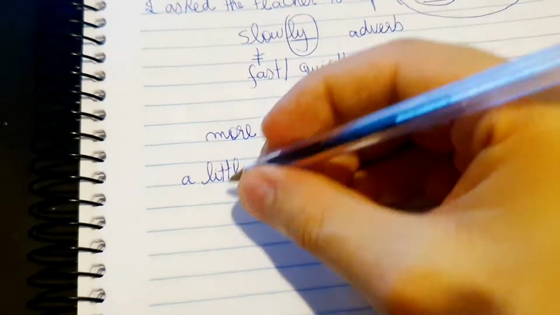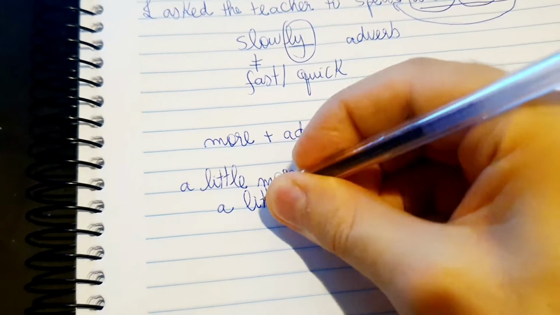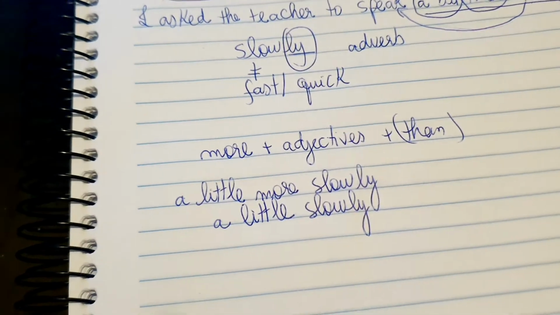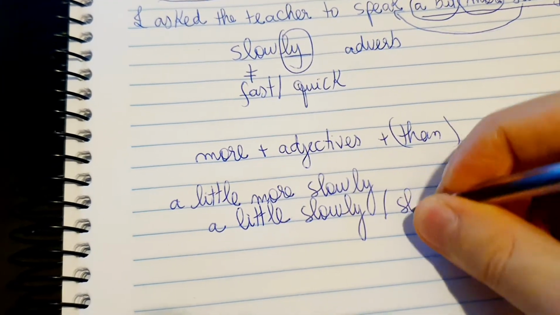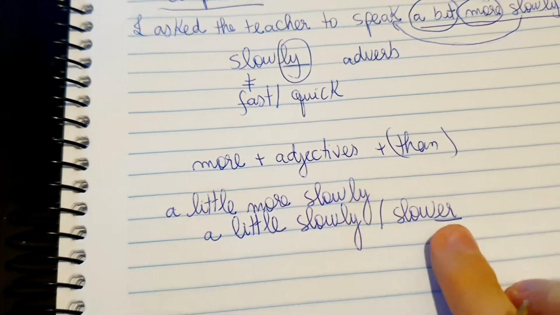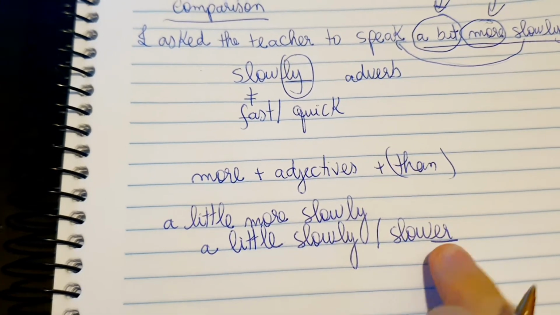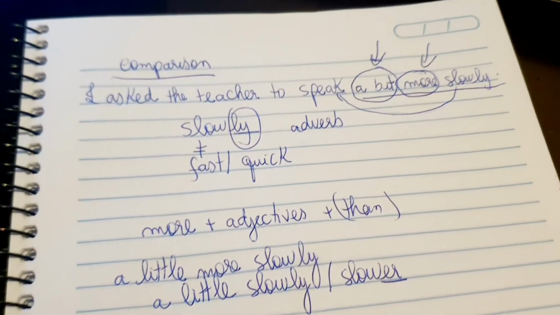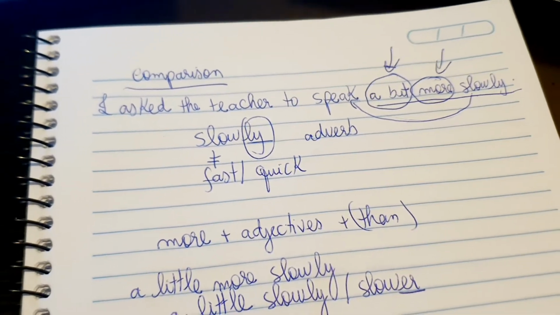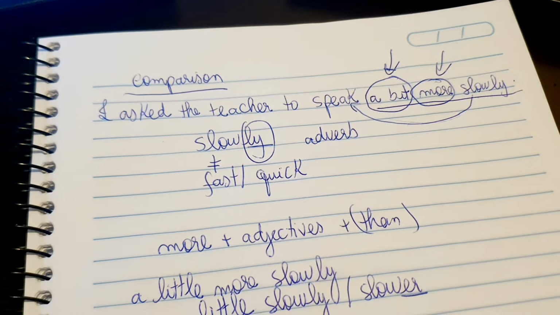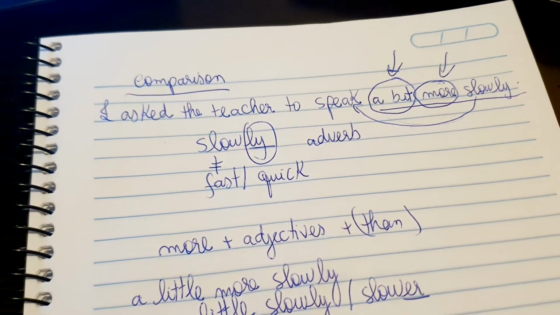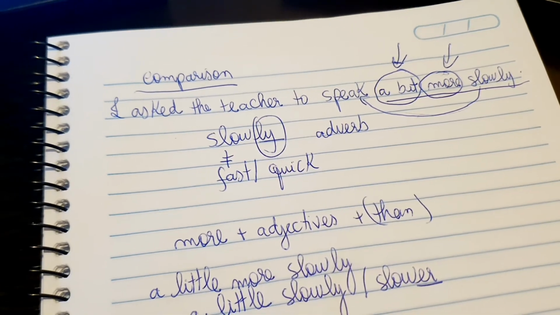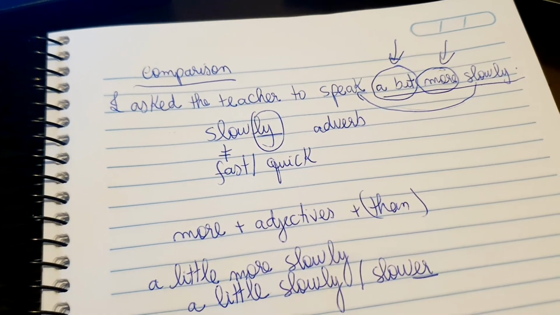Or you can say a little slower. Here we have an adjective, right? And here we have an adverb. You see, it's not complicated, but it's important for you to understand these varieties, right? When we use the comparisons.